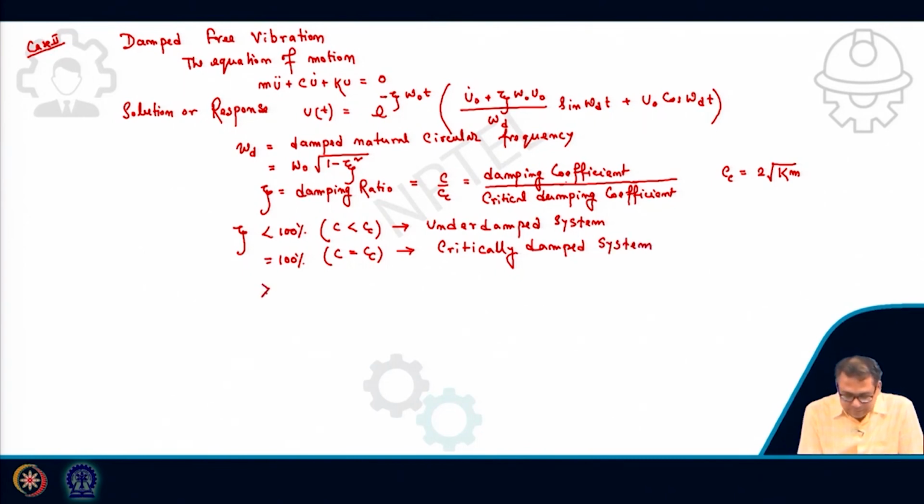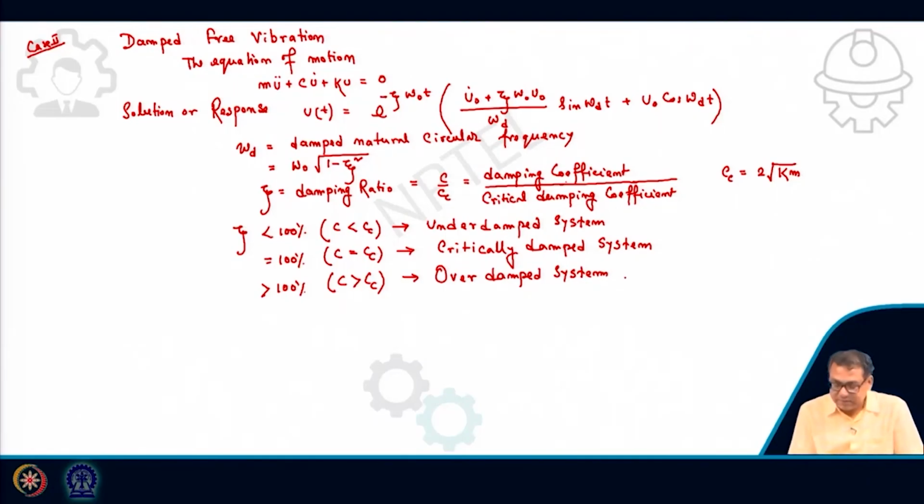And if it is greater than 100%, that means C greater than Cc, then it is called overdamped system. But the solution that is given, or the response that is given, is for the underdamped system, because most of these geotechnical earthquake or earthquake engineering problems are underdamped systems.